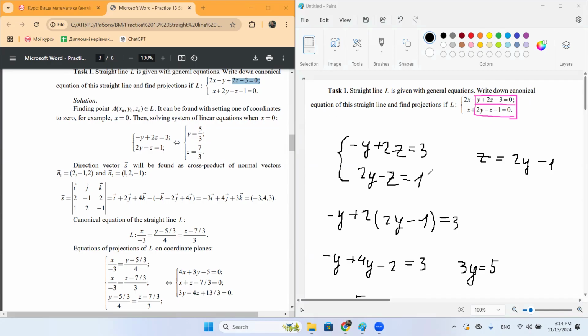And how do you write the matrix? I just took these two equations. I don't even use the matrix here. I just use substitution known from school.